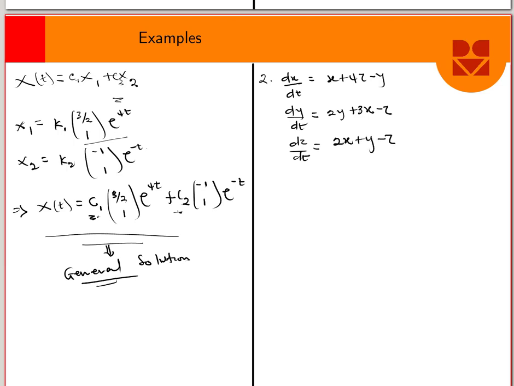And we are asked to find the general solution of the system of ODEs above.